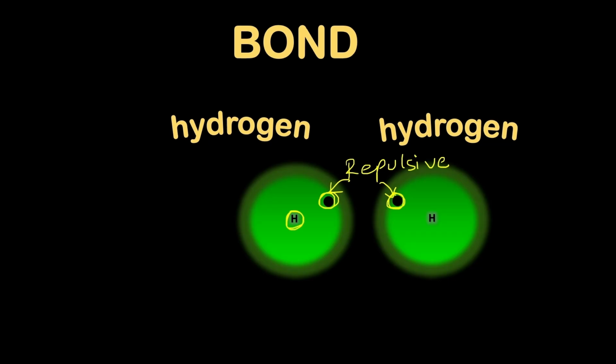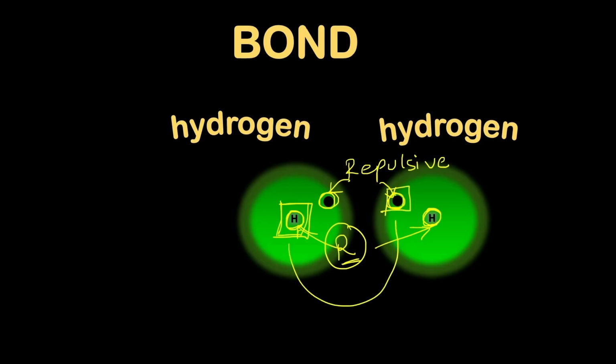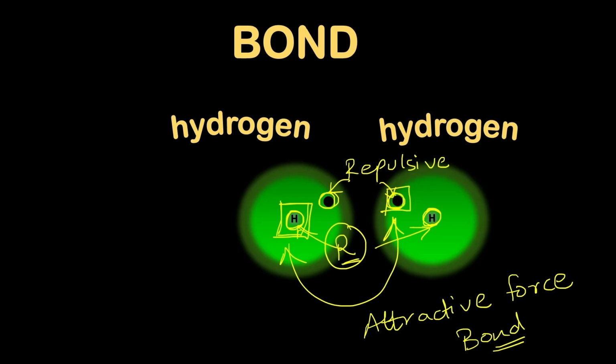Next is the interaction of these nucleus, which are again going to give rise to the repulsive force indicated as R. But then there is one such attractive force which dwells between the nucleus of one atom and the electron of another atom, and that is the attractive force. Well, this attractive force is going to overpower the repulsive force and thus give us the formation of a bond.